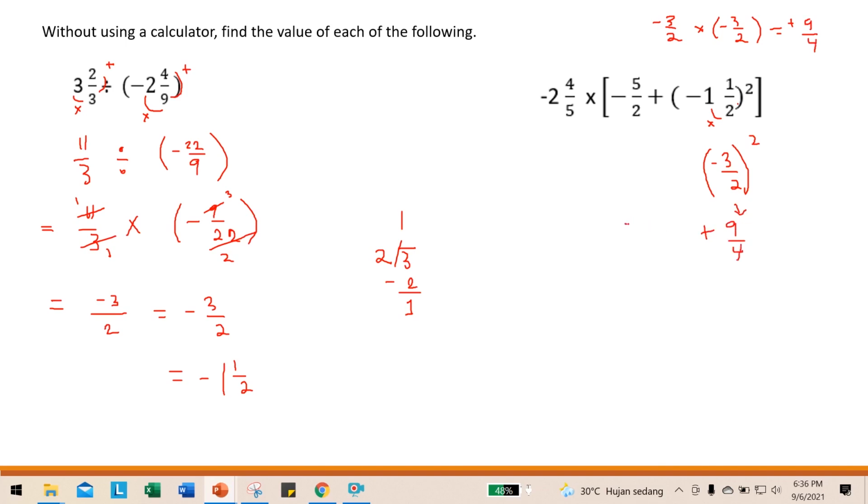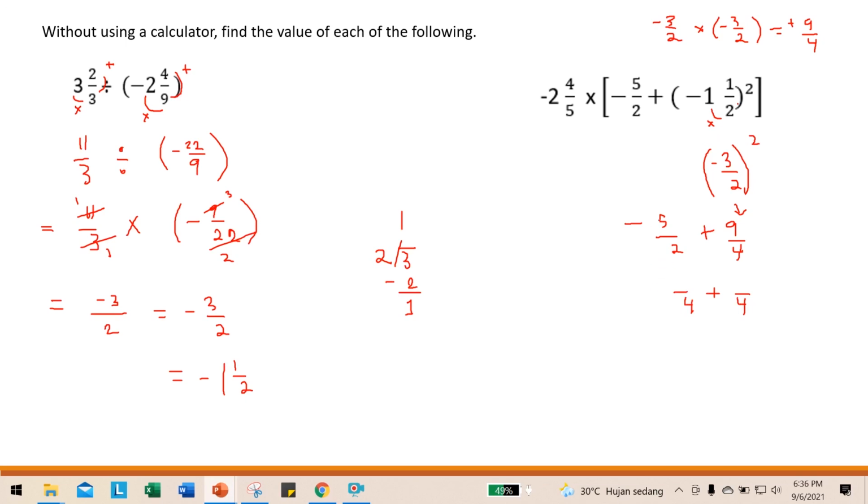And after that, negative 5 out of 2 plus 9 out of 4. This is addition involving fractions, so don't forget you must convert it into like fractions. So the bottom number must be the same. We make it into 4. 2 times how many equals 4? 2 times 2.